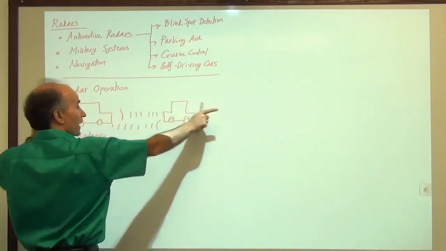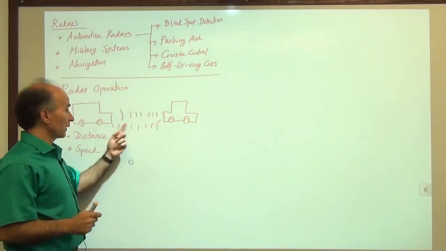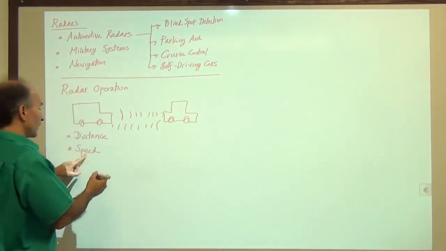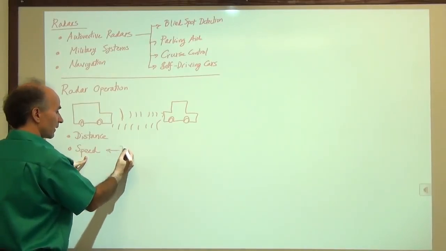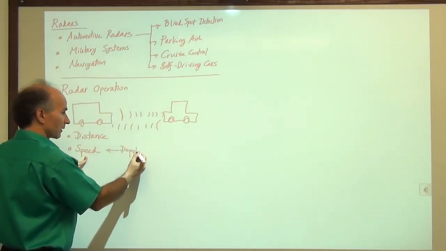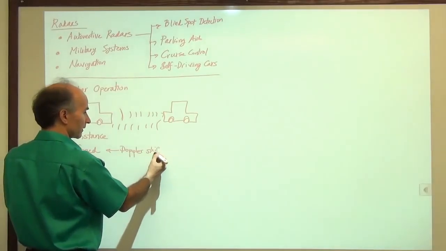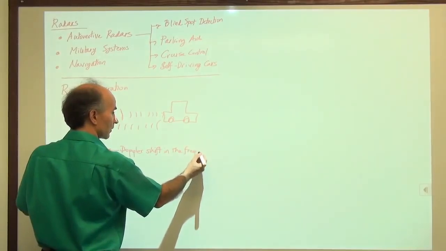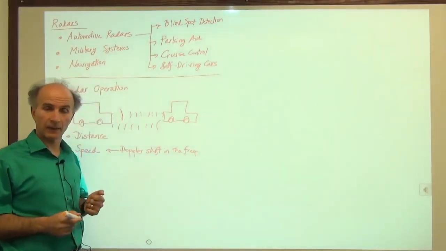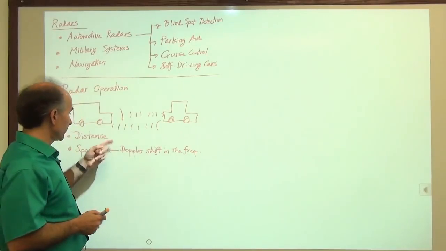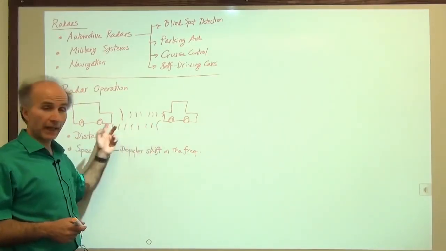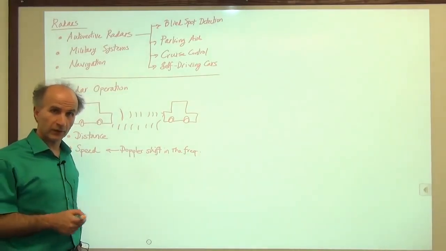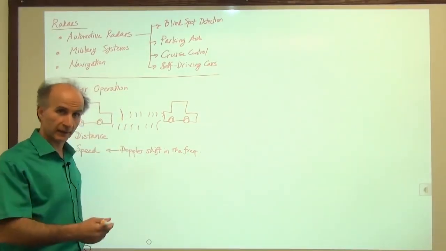If the cars are going away from each other, the frequency of the wave that we receive goes down. The wavelength increases. So the speed is determined by the Doppler shift in the frequency or wavelength, same thing, right? Okay, so based on these two principles, we can determine the distance and also the relative velocity of these two vehicles. So that's great. We can predict what's going to happen in the next second or 10 seconds.